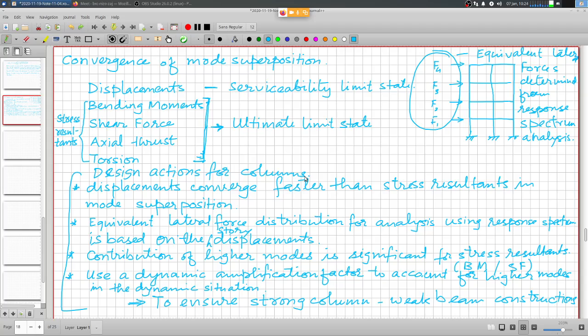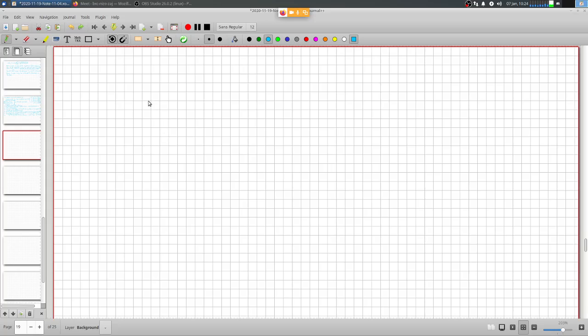But in no case do we allow the flexural capacity of columns, the total moment capacity at any floor, to be less than 10% of what is estimated from the elastic analysis, and then the amplification. So now, one thing is dynamic amplification.